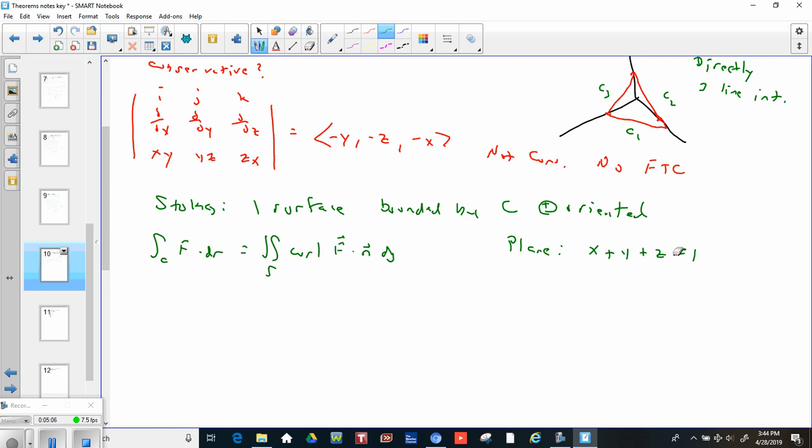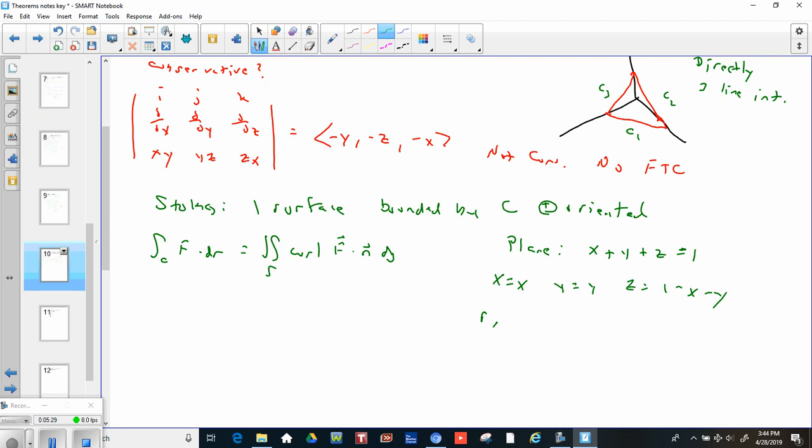You could certainly develop the plane in another way, but that seems pretty straightforward in this case. So we can use the trivial parameterization that x equals x, y equals y, and then to solve for z, just subtract the x and the y. And now we've parameterized this thing with the trivial.